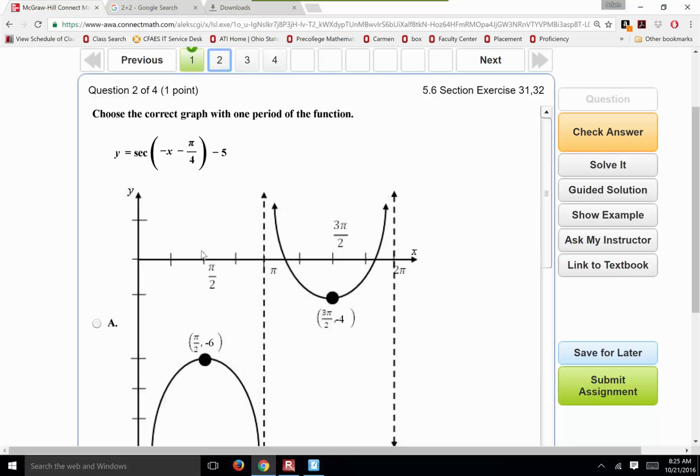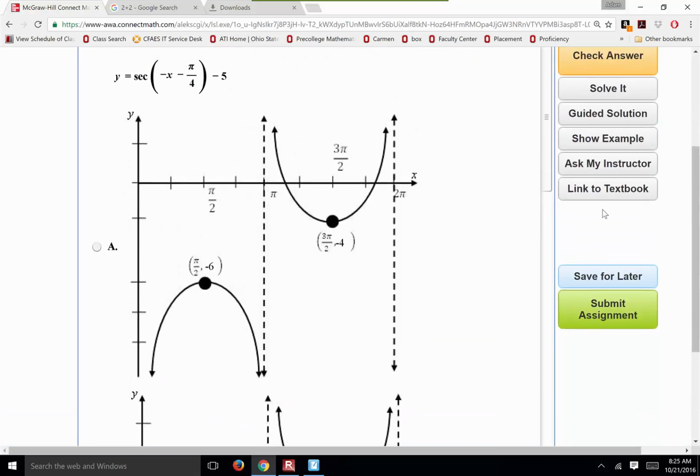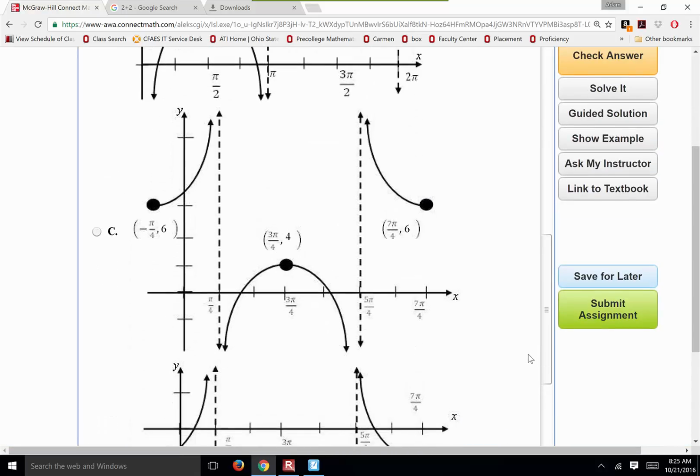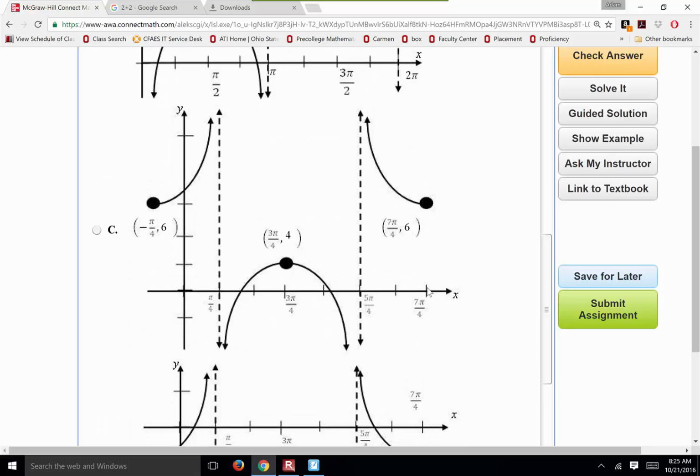Alright, they want us to pick the right choice from 0 to 2π. Yeah, on the positive x-axis, but not necessarily 0 to 2π. This is 0 to 2π. This is 0 to 7π/4.